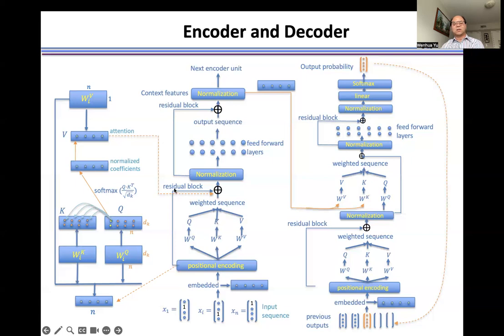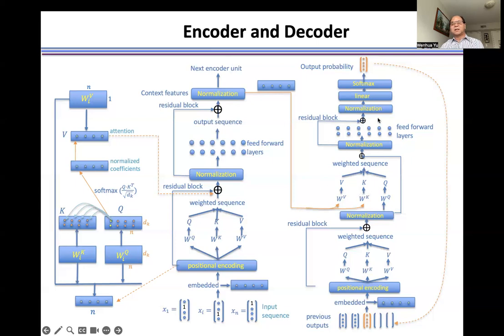And then through the residual block and normalization, it is used as the input to the feed-forward layers to generate the output. We use the residual block again and take a normalization again. Then one result is the input to the next encoder unit, and one goes to the corresponding decoder unit.